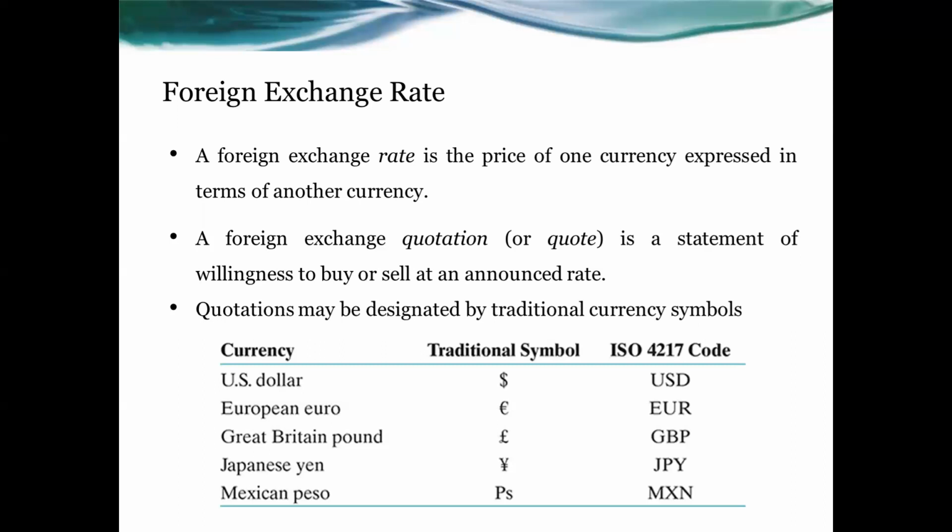That quotation indicates the rate at which the bank is willing to buy foreign currency, as well as the rate at which the bank is willing to sell. Normally the selling rate is higher than the buying rate.